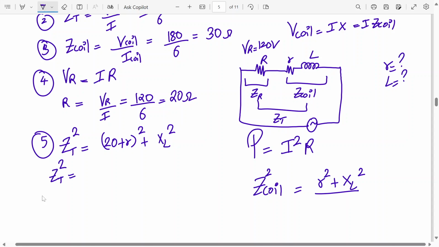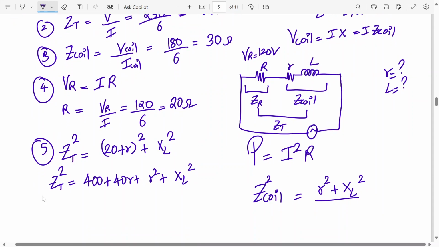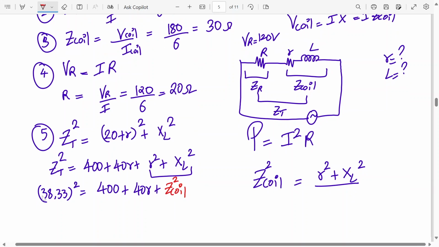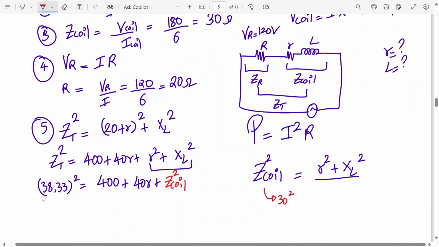Z coil we have found out, yes, we remember that. So ZT square, when you open it, A plus B the whole square, is 400 plus 40R plus R square plus XL square. We know the value of ZT, 38.33, right? So 38.33 square is equal to 400 plus 40R plus, what is this? Z coil square. Do we know the value of Z coil square? Yes, 30 square. Now what is the only unknown left?